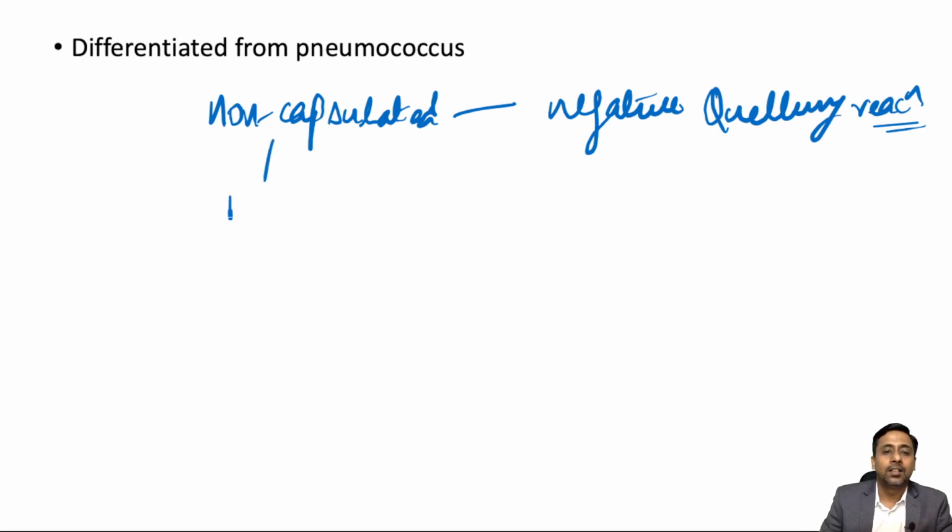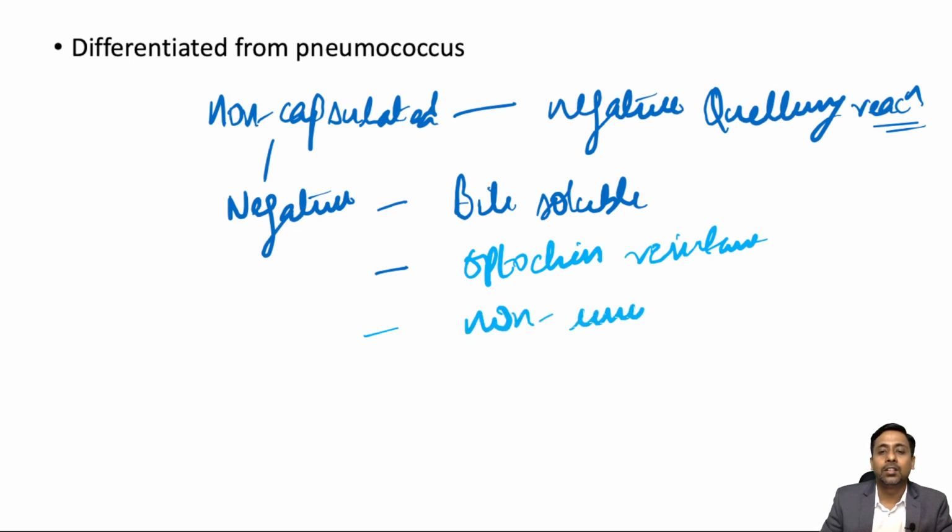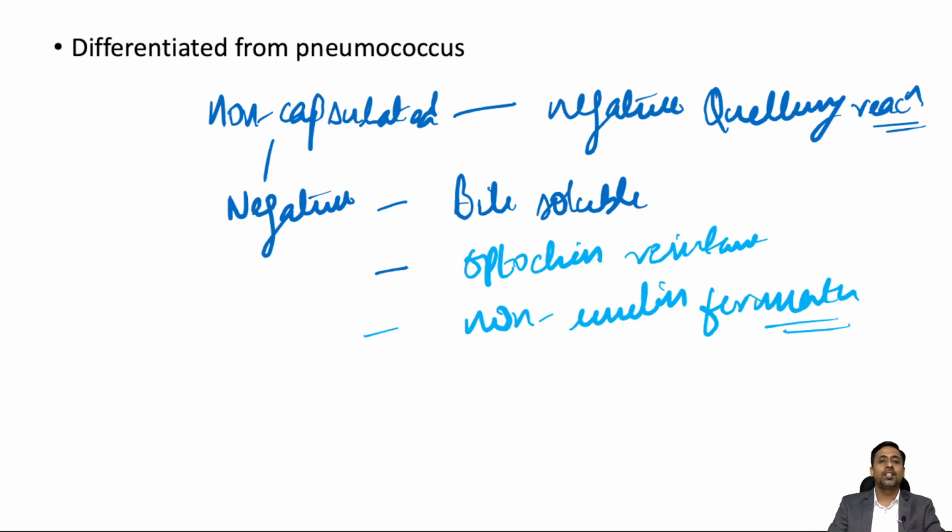It is also negative for another three things: it is non-bile soluble, it is optochin resistant, and it is a non-inulin fermenter. By this we can differentiate between Viridans Streptococcus and pneumococcus.